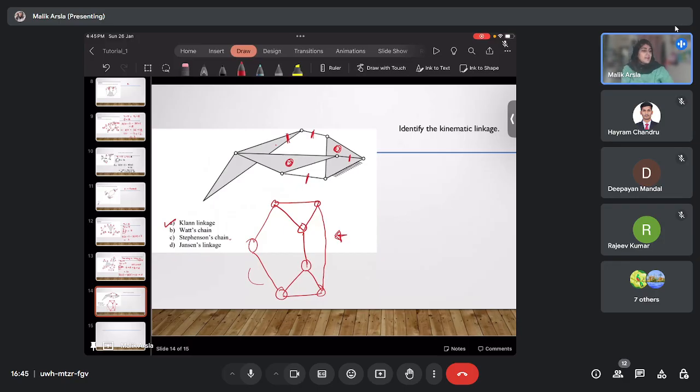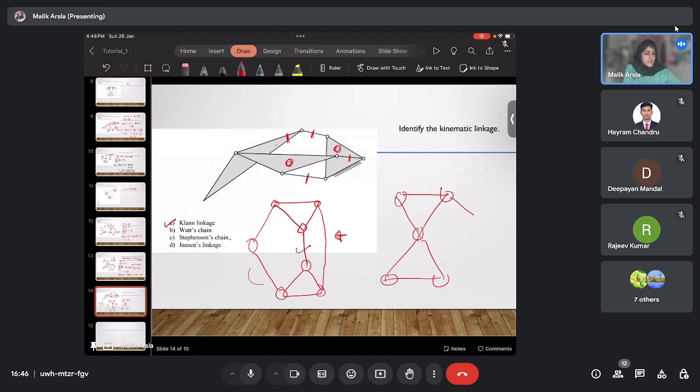And then here this is Watt's chain. It is also another 6 bar mechanism. Basically 6 links are there, so they are 6 link mechanisms. In Watt's chain it is similar, but the difference is that here this binary link is taken from the center and pushed to the other side.